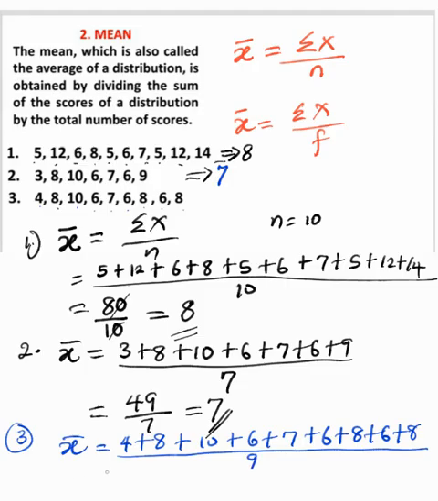So the mean will be equal to 4 plus 8, we have 12, plus 10, we have 22. If we add everything, we're going to have 63. So it will be 63 over 9. And 63 over 9 is simply 7.